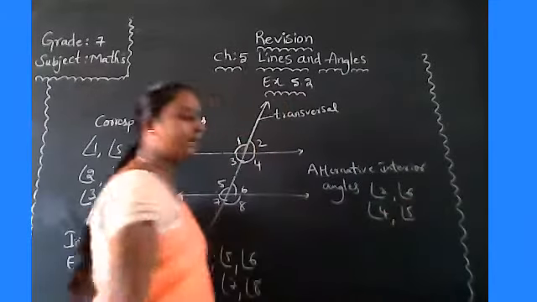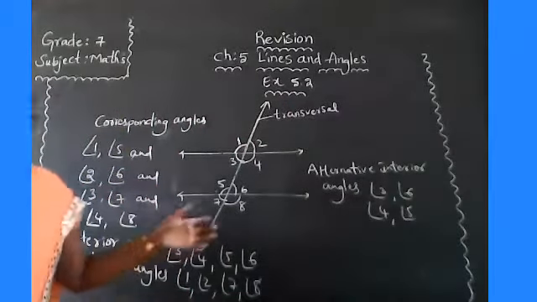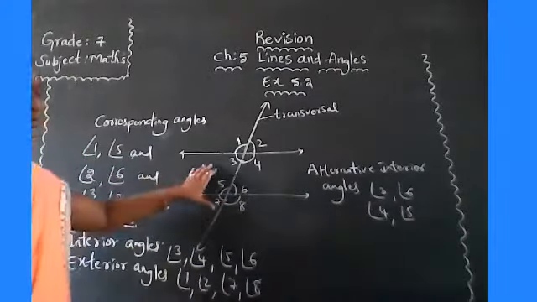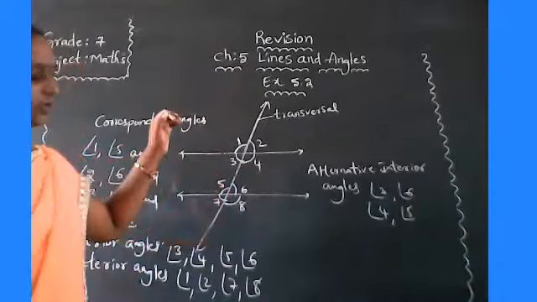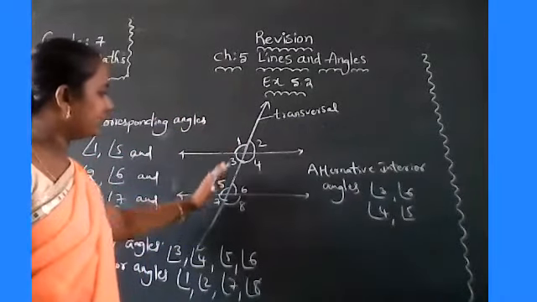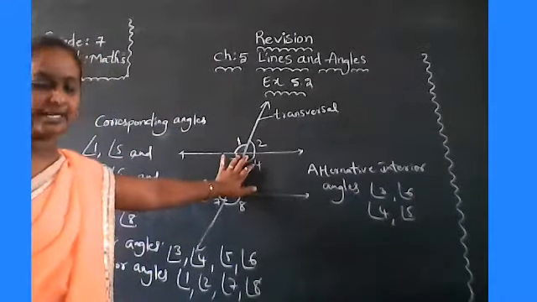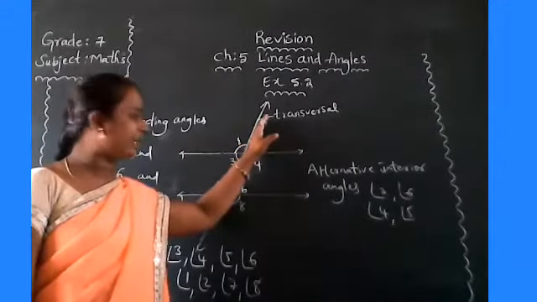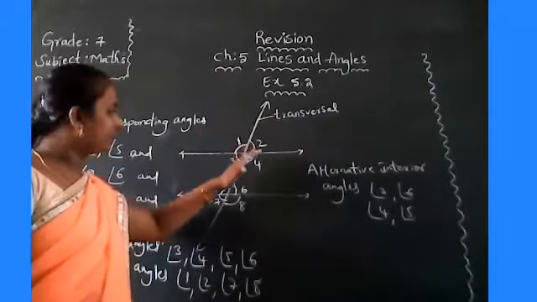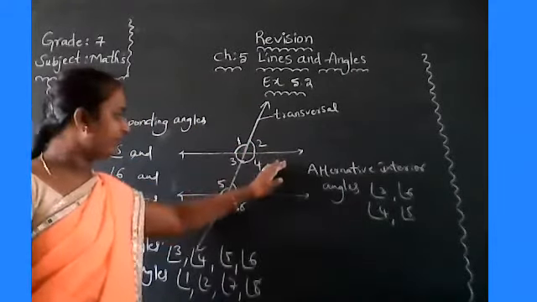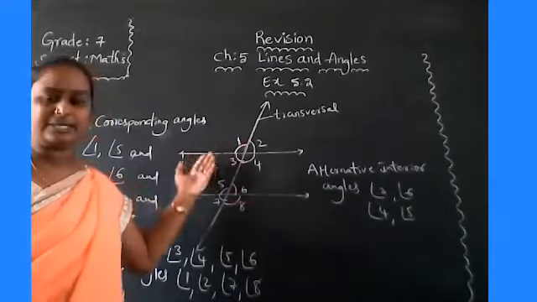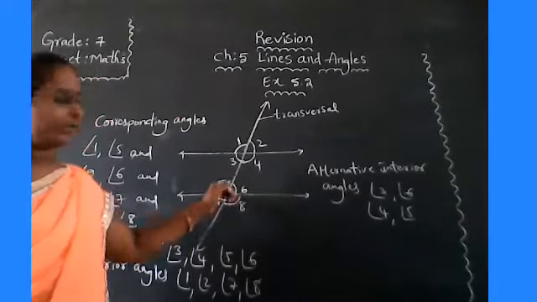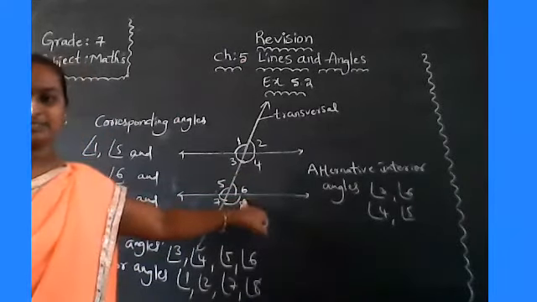And there are some more angles. What are they? The pair of interior angles on the same side of the transversal. Same side means left side or right side of the transversal. Yes, 3 and 5, and 4 and 6. Okay, children?